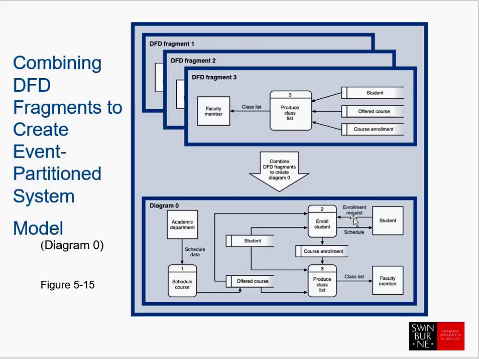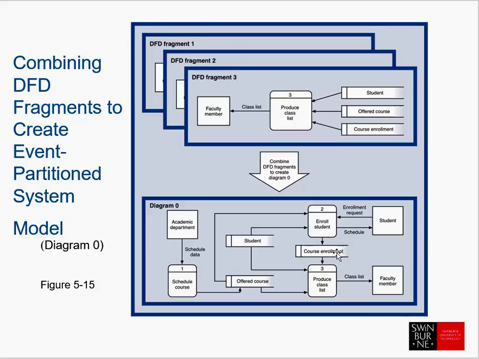So the academic department supplies the scheduling data, and we enter the scheduling data into the offered courses entity, and then student enrollment will process student enrollment details and supply that schedule back to the student. In order to process that, we grab the offered courses information, and then we read from the student, and then we write it back to the course enrollment data.